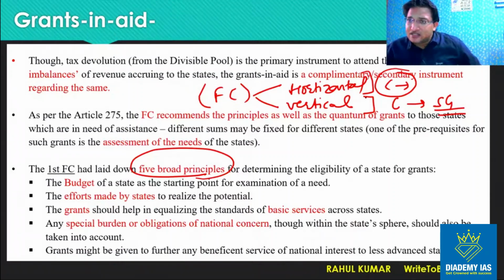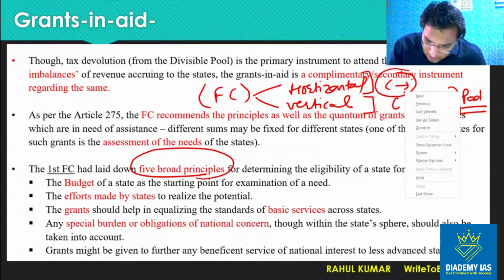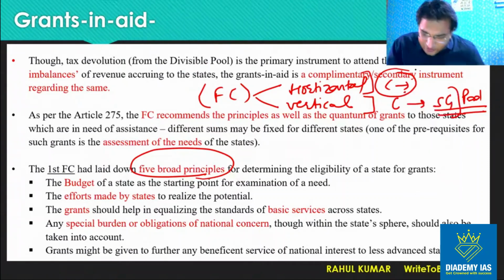Vertical balancing means balancing between the center and the state, right? So this vertical balance is taken care of by the divisible pool, but horizontal balance is taken care of by the grants in aid.